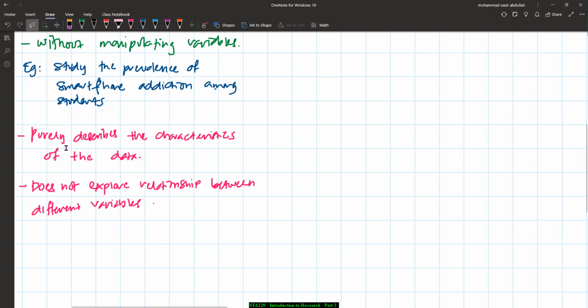So we are just not really interested in finding relationships or factors that contribute to the variable, right? We just want to describe the characteristic, right? We want to know how many students have a problem with smartphone addiction, right?